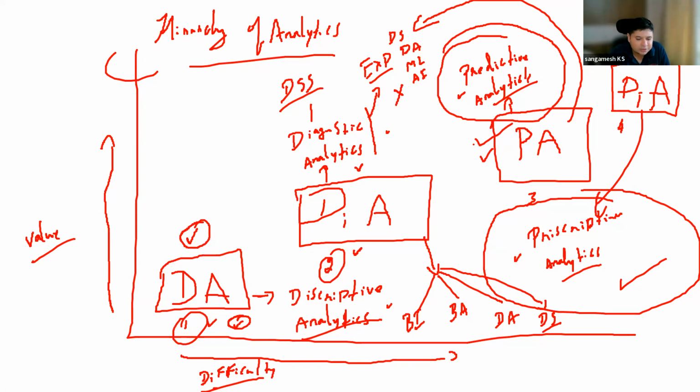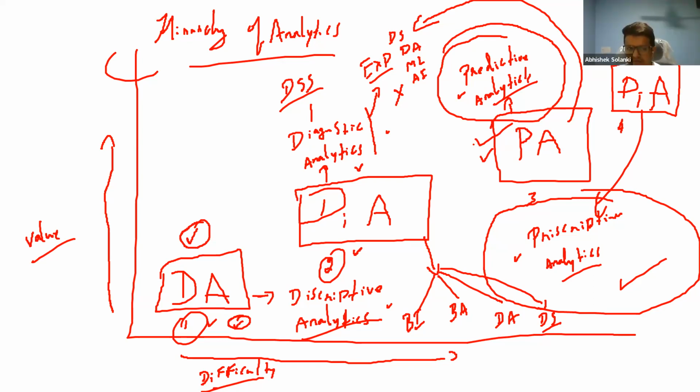See, the type of analytics that I'm going to incorporate in a company like Infosys, or the type of analytics that I'm going to apply in a company like Tata Motors, is completely different.